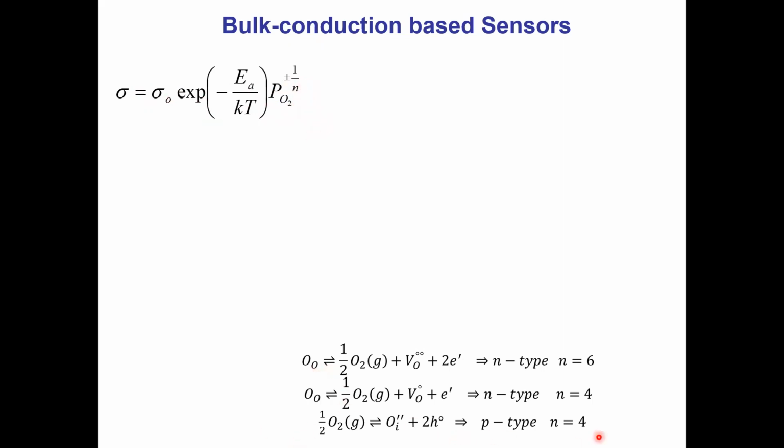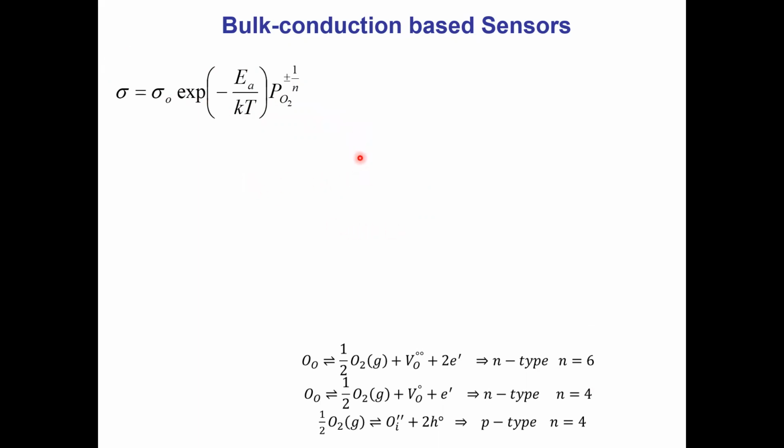If you do Kroger-Vink type analysis of point defects in oxide materials, you can show that conductivity can depend on oxygen content as integer type slopes, so negative or positive 1/n, where n is typically an integer.